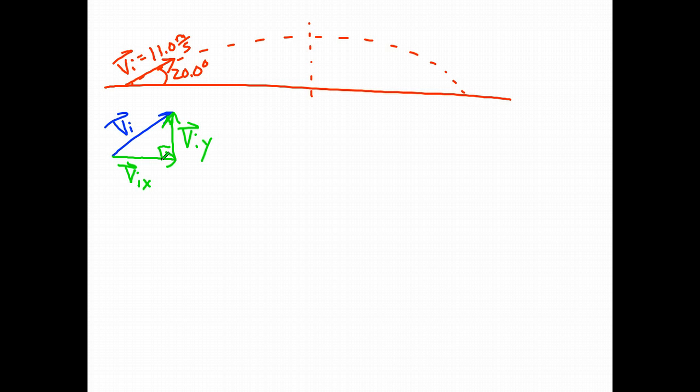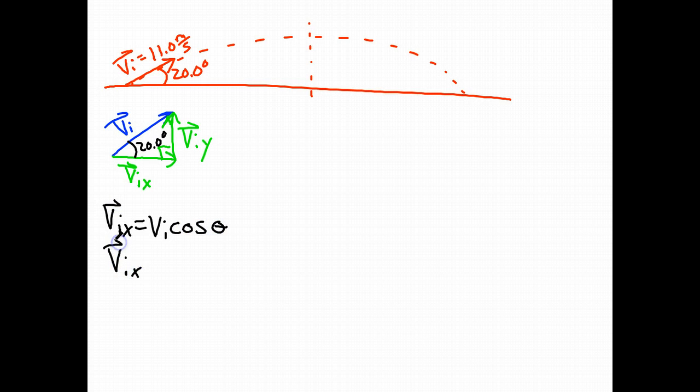Hopefully that green's good enough to see. Our angle here would be 20.0 degrees. We use sine and cosine to find the x and y components. If you were to do that, VIX should be equal to VI cosine of theta.